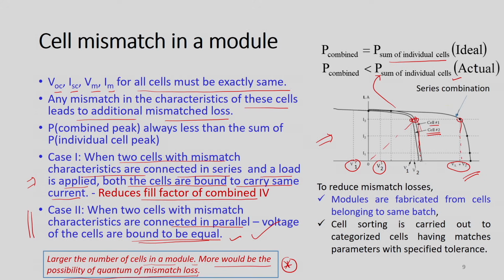One option is that modules are fabricated from cells belonging to the same batch, so when manufacturing, we collect the cells from the same batch. The second option is cell sorting, carried out to categorize cells having matched parameters within specified tolerances. Not exactly identical, but they should be close.